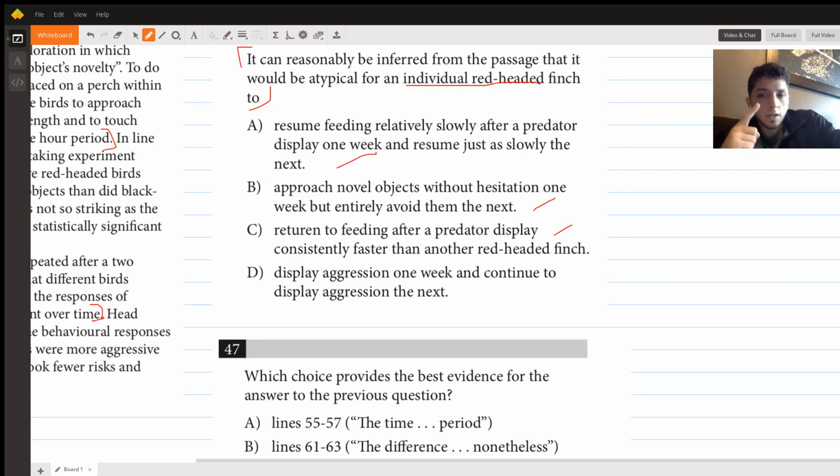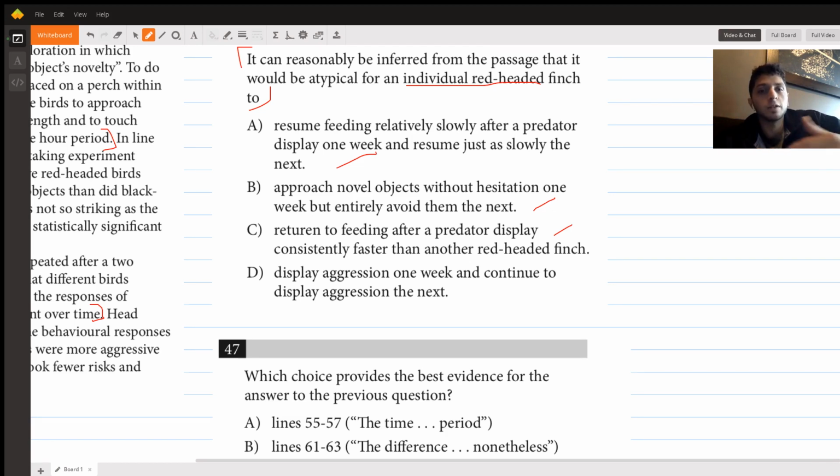One is they're talking about an actual behavior of the finch, and two, they're talking about the consistency of the behavior. So we already know from what we just read that we should expect individual birds to be consistent in their behavior, even if there are slight differences within the red-headed finches or between the black-headed finches. An individual is going to have a pretty stable set of behaviors, pretty consistent behaviors.